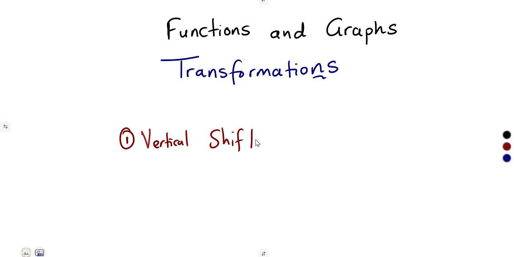So these are the ones that we are going to consider in the first place. Vertically, we are considering the y-axis, the y values. So if you consider the y-axis, we are considering the y values.